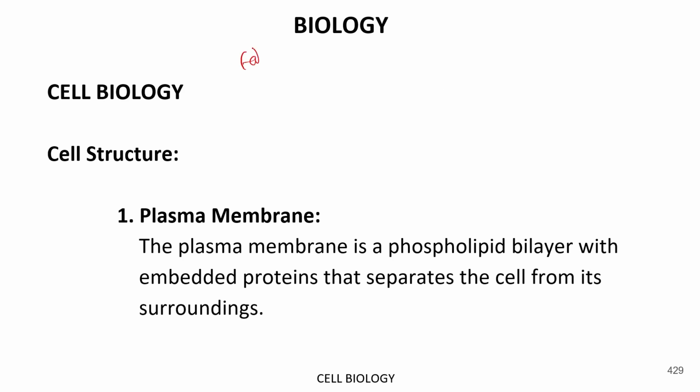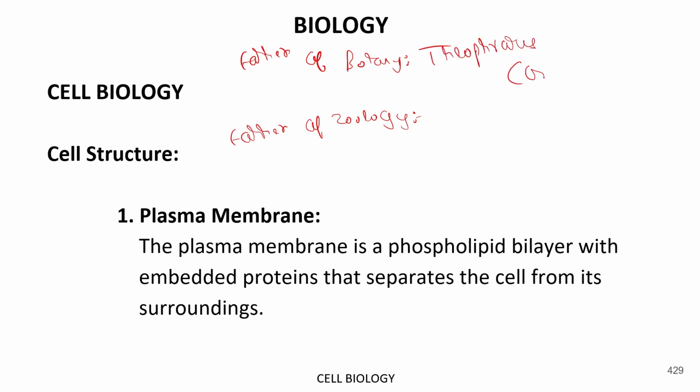The father of botany was Theophrastus. He was also Greek. Whereas the father of zoology was Aristotle. He was also Greek. Okay. So the father of botany was Theophrastus and the father of zoology was Aristotle. Got it?